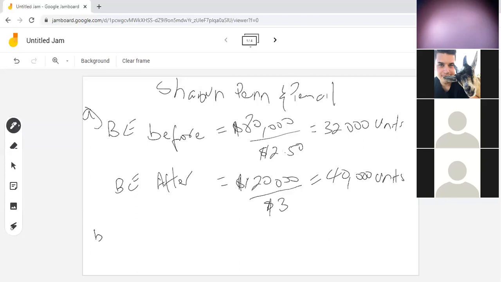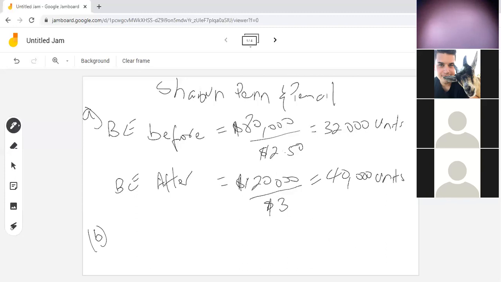So B, we're now supposed to find how much units need to be sold if a company is to make a profit of 30%, right?